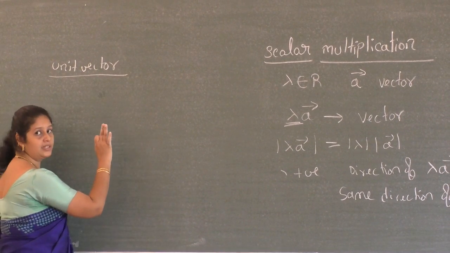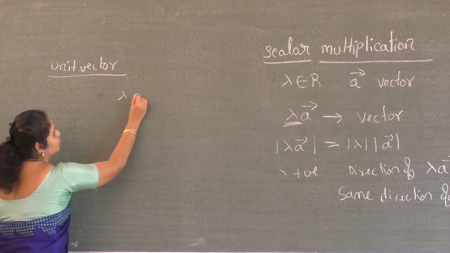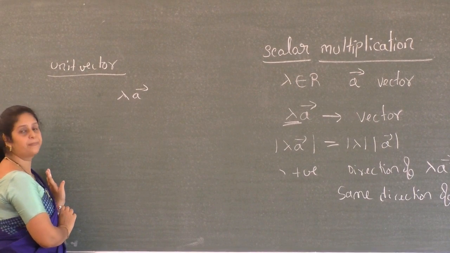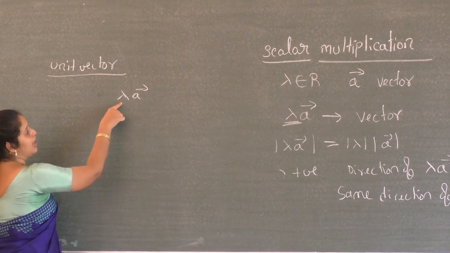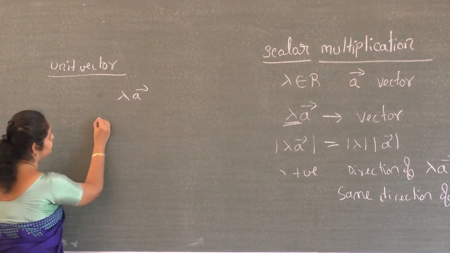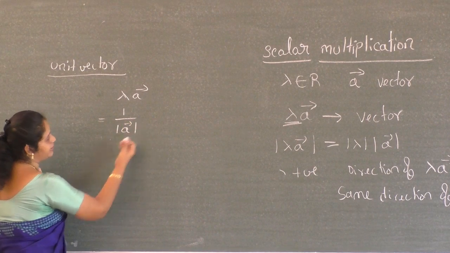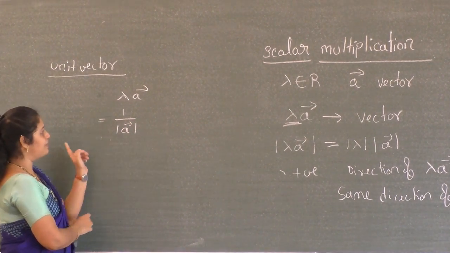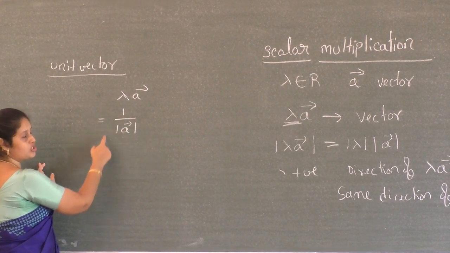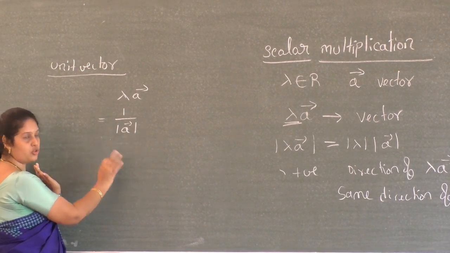Now I can define lambda into vector A. I can choose lambda as 1 by magnitude of vector A, and this is positive, because after taking magnitude that will become positive only.